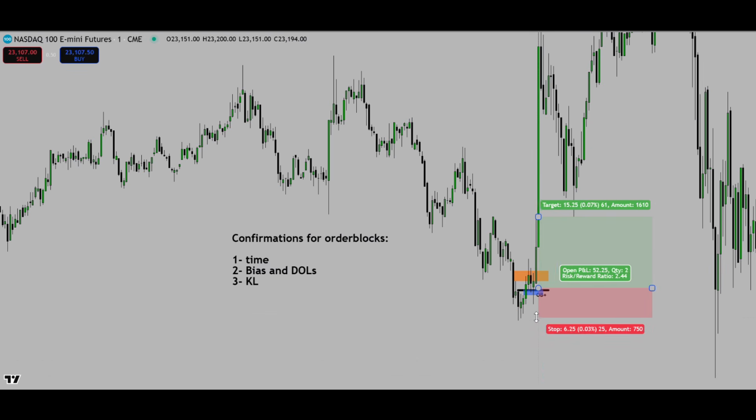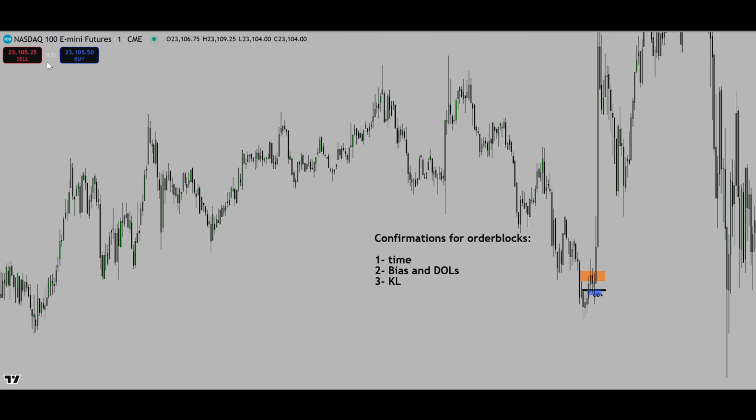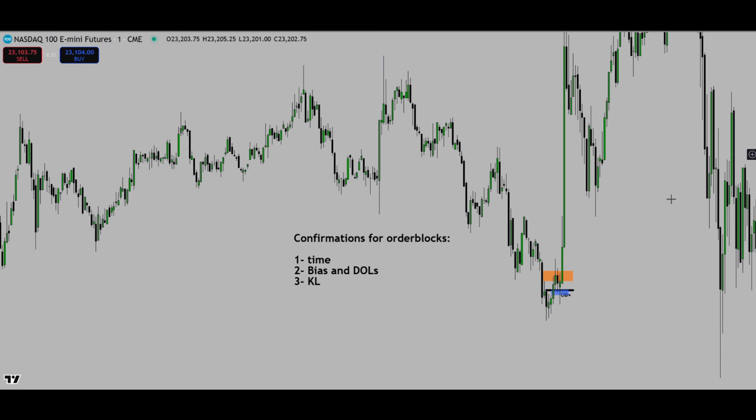Your stop loss going here, that would be a 2.3, 2.8, 2.3R trade, whatever it may be. Higher than a 2R is valid. Now, that key level comes from the 1 minute time frame, the same time frame that you're executing on. Why? Well, it's equal lows inside of a key time, matches bias, and matches your draws on liquidity. So that's valid to take.